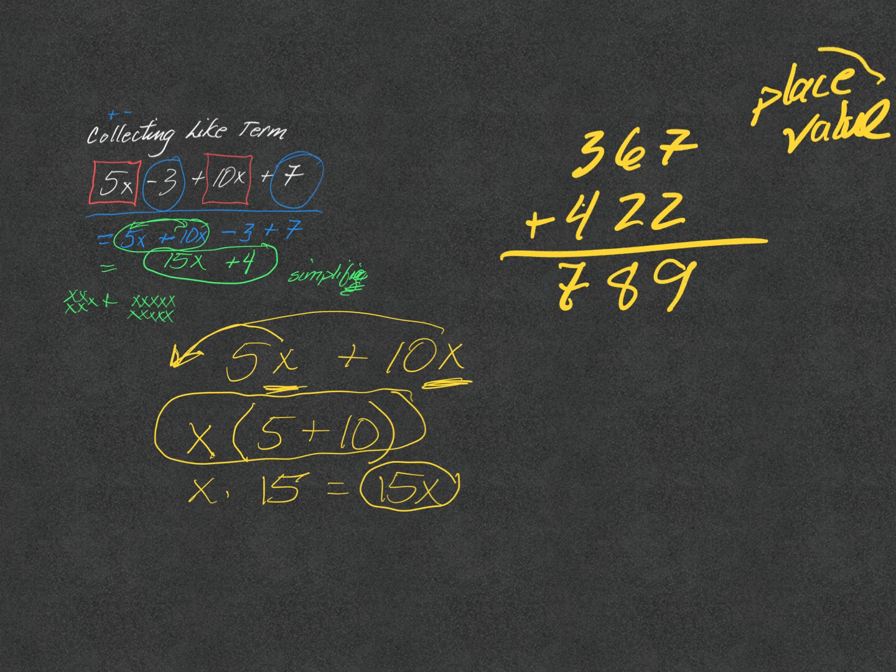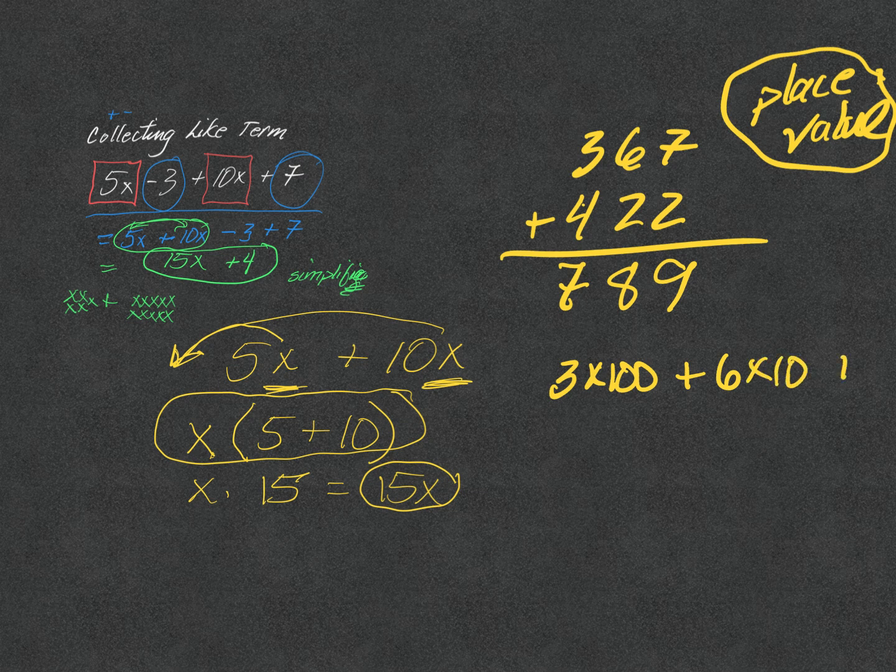But what really is place value? Place value is just the variable in this problem, in a sense. It acts like a variable. If I take the 367 and I write it as 3 times 100 plus 6 times 10 plus 7, this is called expanded notation, and you might remember doing something like this in elementary school.